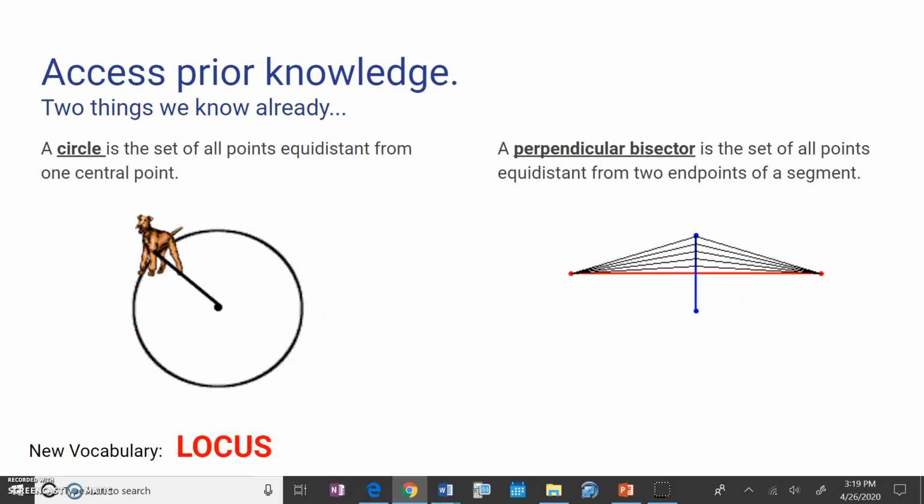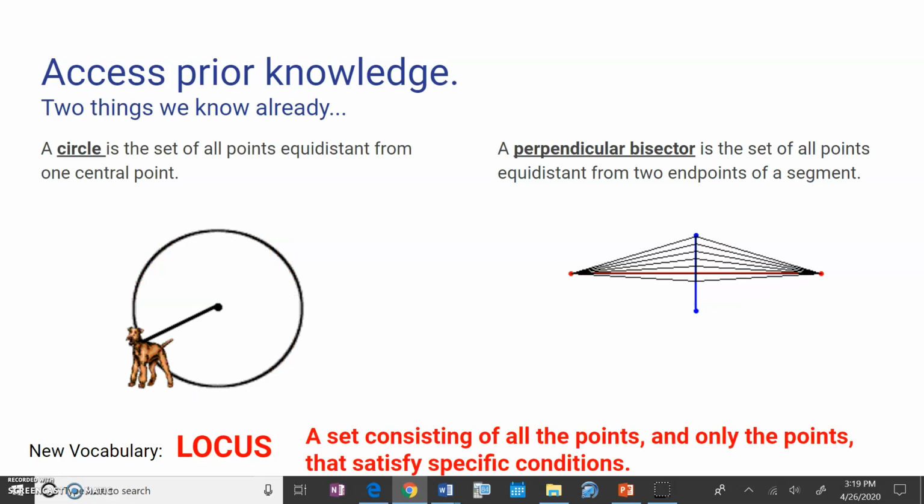What we're going to look at today is something called the locus. And what this is technically defined as is a set consisting of all the points and only those points that satisfy specific conditions. So for example, with the circle, if I said, what are all of the points that would be exactly at the end of that leash for the dog, however long that leash was, it would be represented by that circle.